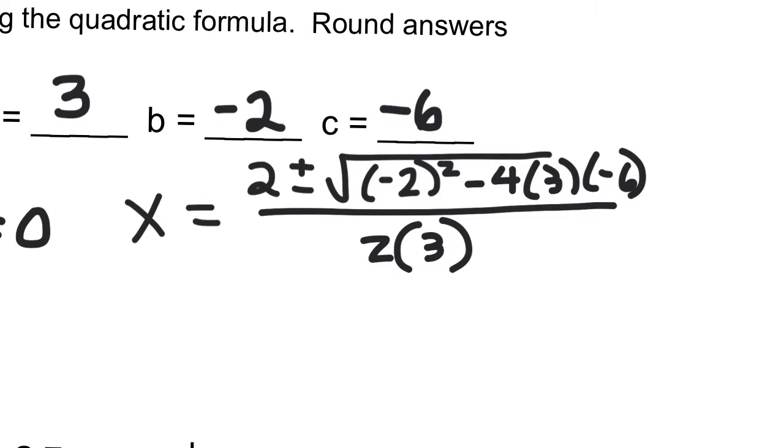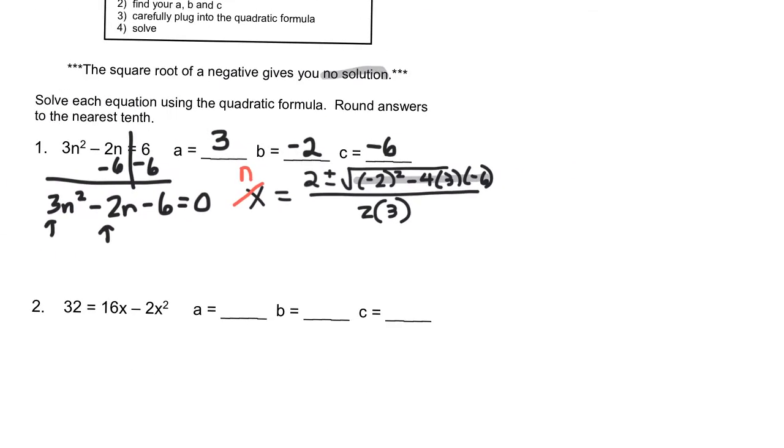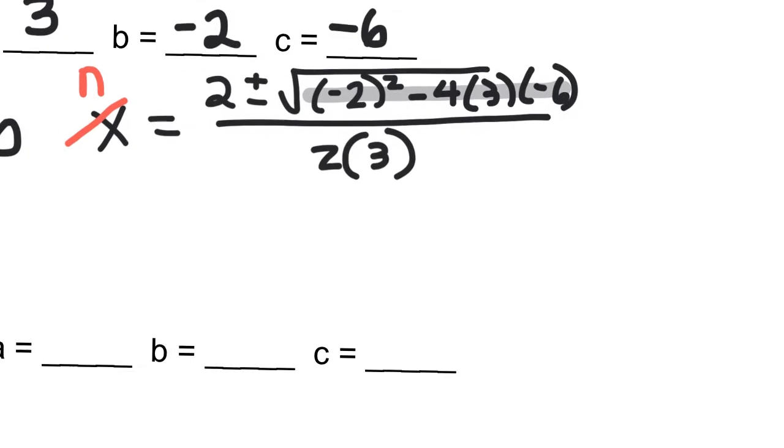So now we're going to solve underneath the radical. Now I'm going to change this x back to n because according to our equation, that's what we were looking for, n.